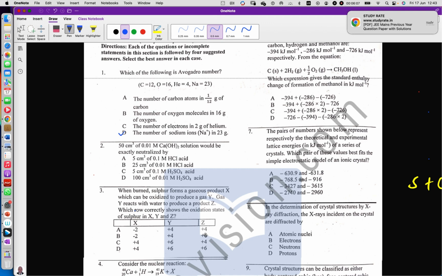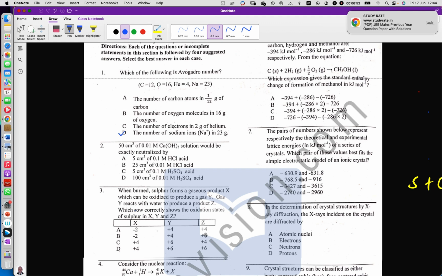So we convert 100 cm cube into dm cube, which is 0.1 dm cube. The number of moles of acid is 0.001. Dividing 0.001 by 0.1 dm cube, we have 0.01 molar. So I now have 100 cm cube of 0.01 molar, and our answer to question 2 is D.